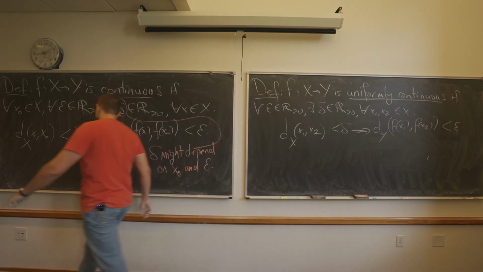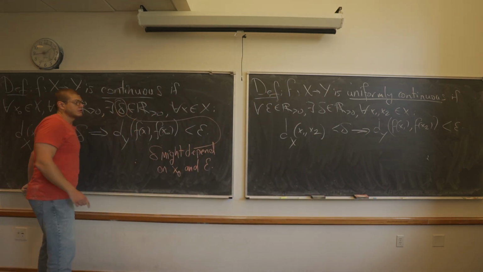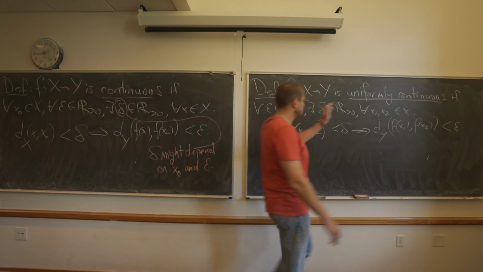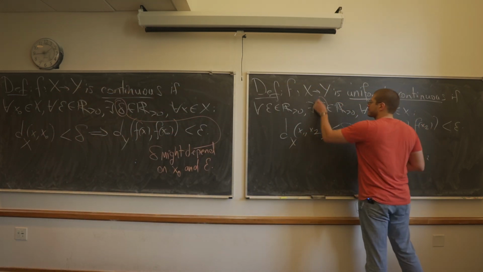So now, this delta might depend on epsilon. It does not depend on x0 or x1.